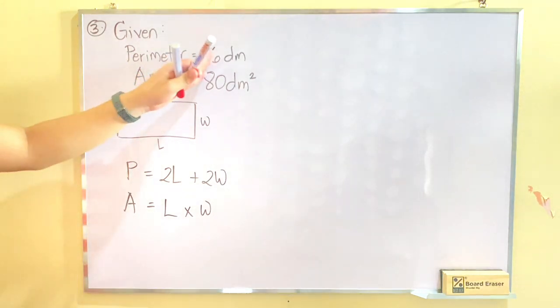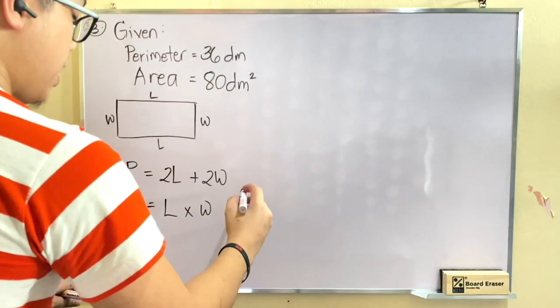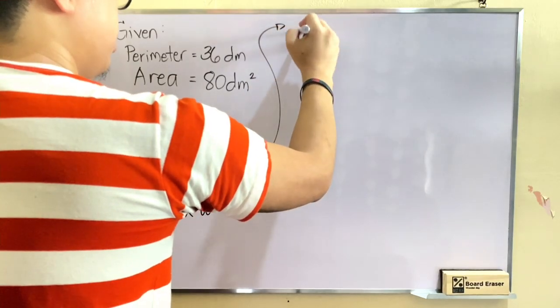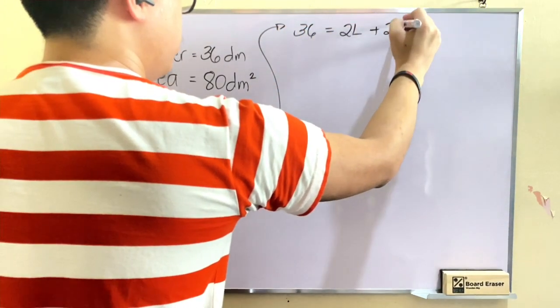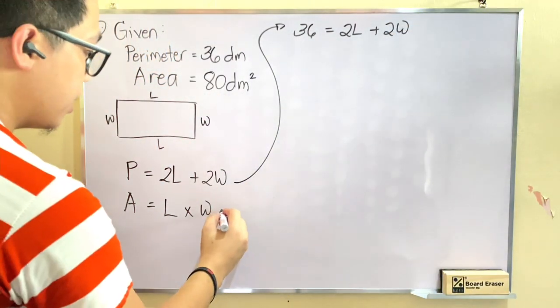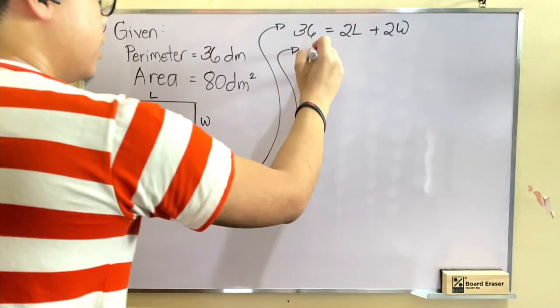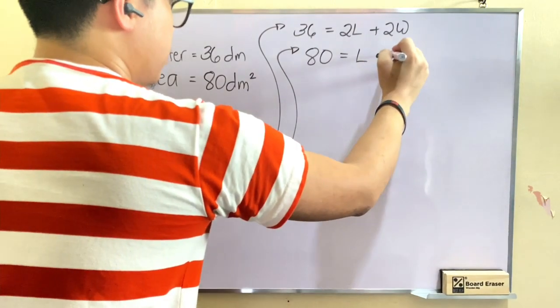Pero as you can see, meron tayong given. Perimeter is 36. So, maaari nating isulat ito na 36 is equal to 2L plus 2W. Then, yung area, maaari naman natin siyang masulat na ano yung area natin? 80. 80 is equal to length times width.